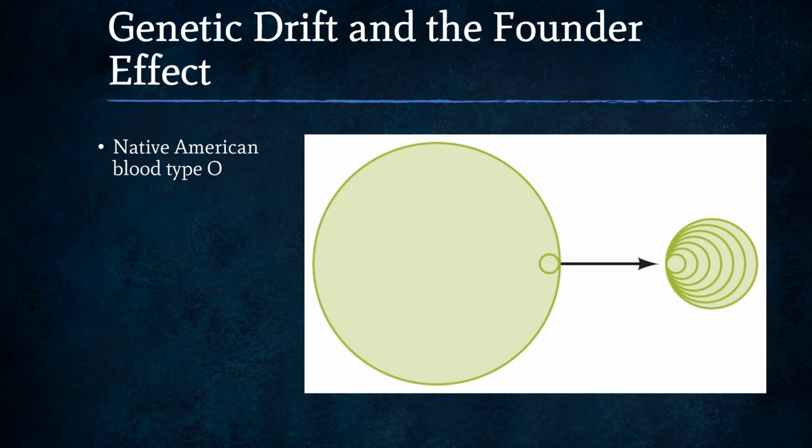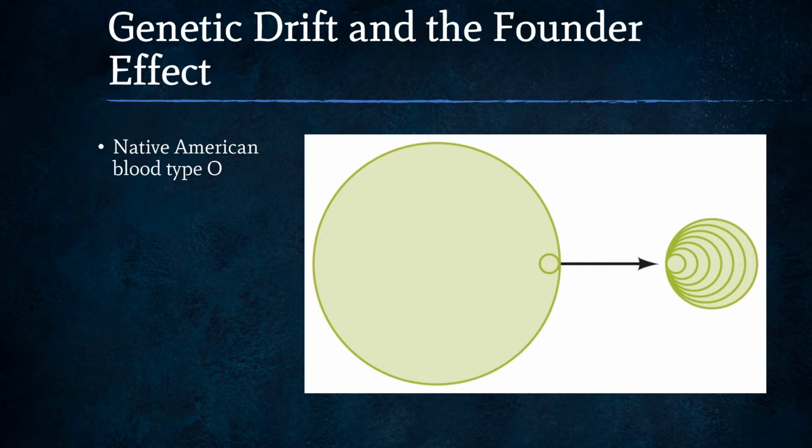This has occurred, here's another example, when people migrated from Asia to North America and founded North America. They were a small group, and their blood type frequencies did not match up with their ancestral population in Asia.